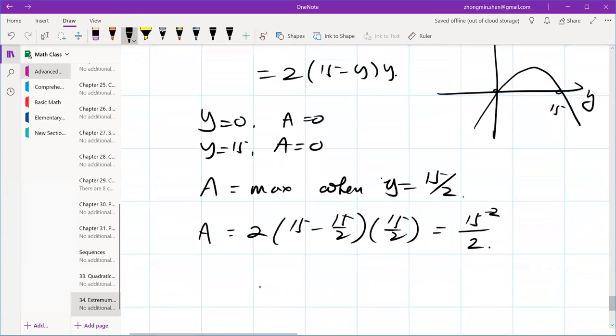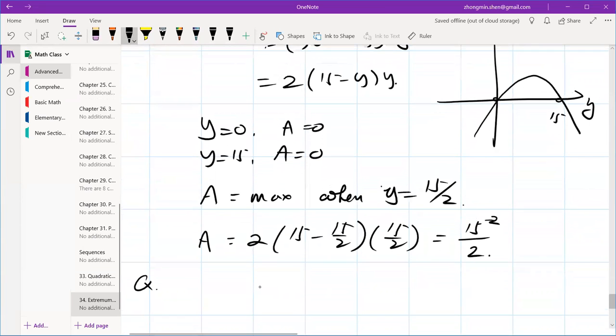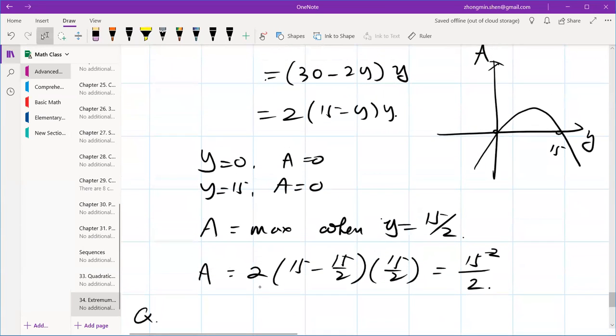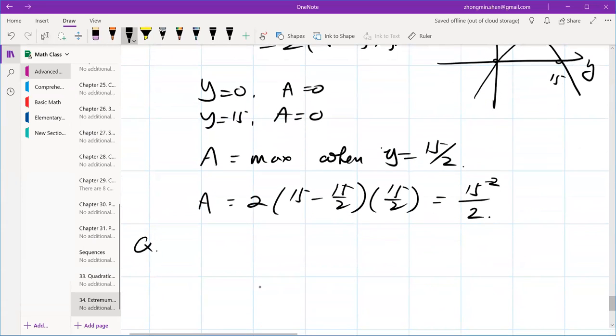All right, I'm going to ask you to do the next problem. As long as you see the graph, then you can tell when it has the maximum value. Okay.